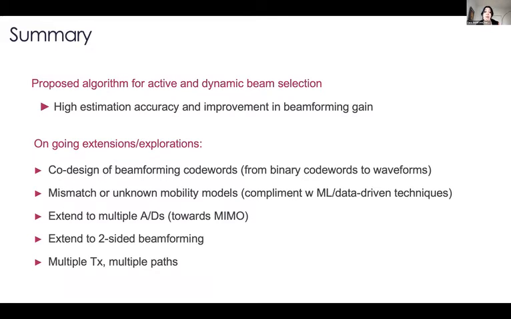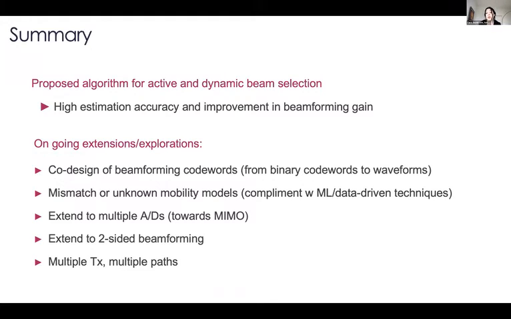We have done some work on mismatched or unknown mobility models, and I would argue a lot of people have used reinforcement learning or other ML techniques to do the alignment, and it captures both the physical reality that the models we have been using exploit to improve tracking, as well as the mobility models.